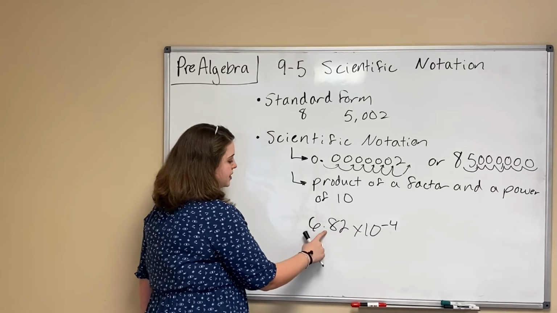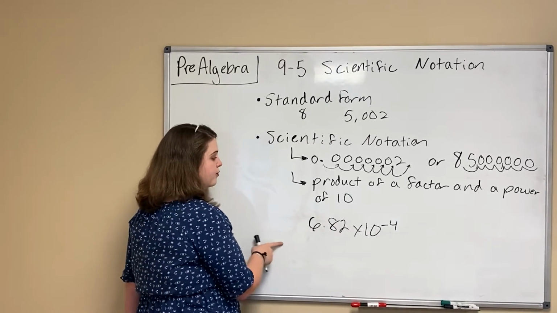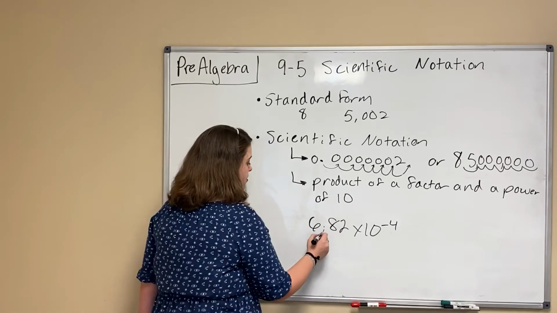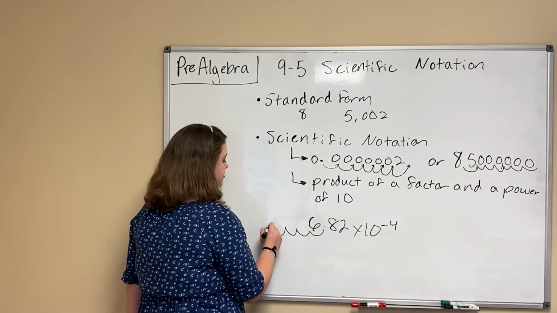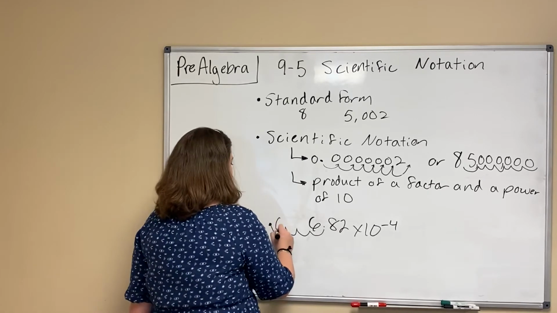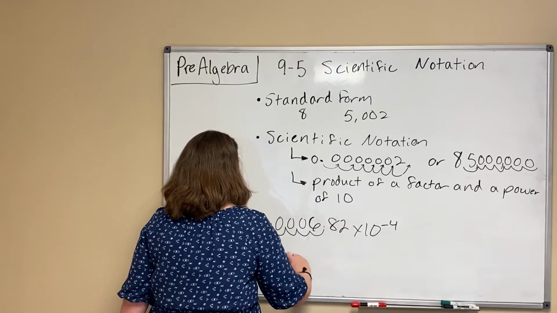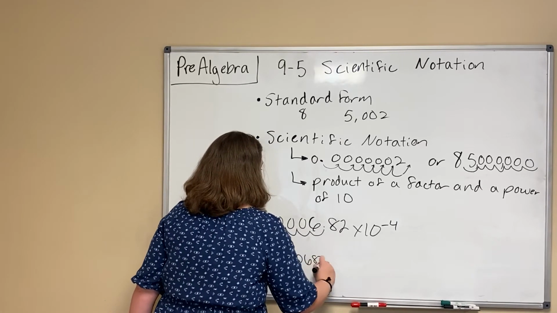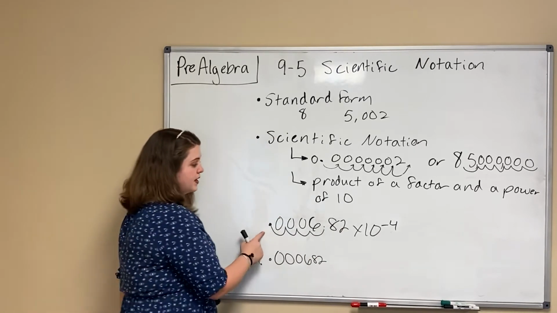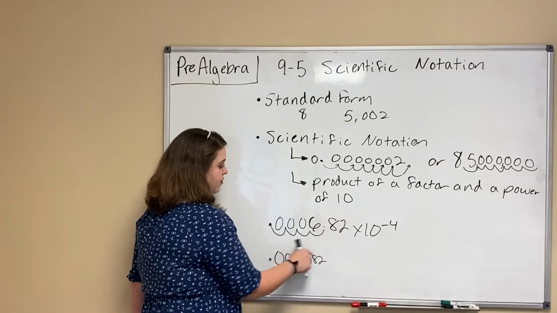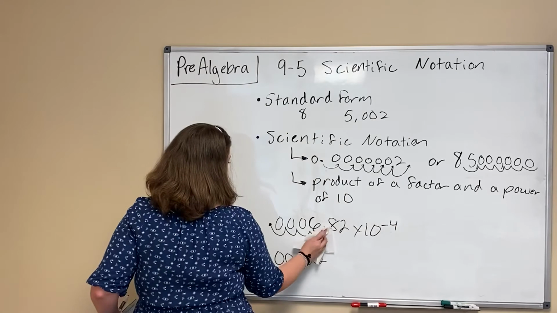That means I'm taking my decimal place back this way 4 times. 1, 2, 3, 4. That's my new decimal place. So my new number is going to be 0.000682. That's the number in standard form. The scientific notation was before I did this, but this is what it looks like in standard form.